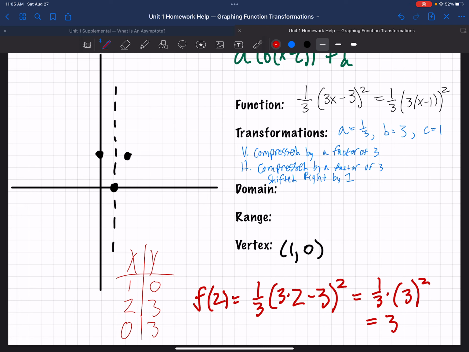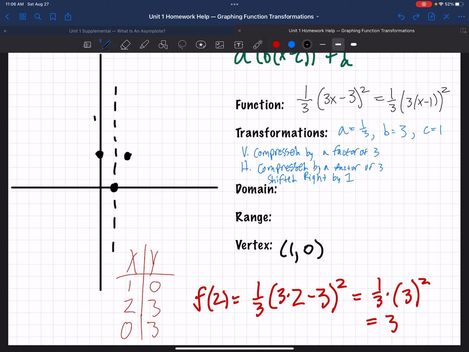And you can test that because 3 times 0 is 0, and then 0 minus 3 is -3, and -3 squared is 9, and 9 times 1/3 is 3. So it all comes back to 3. And there you go. You don't need any more points. I told you only need 3.